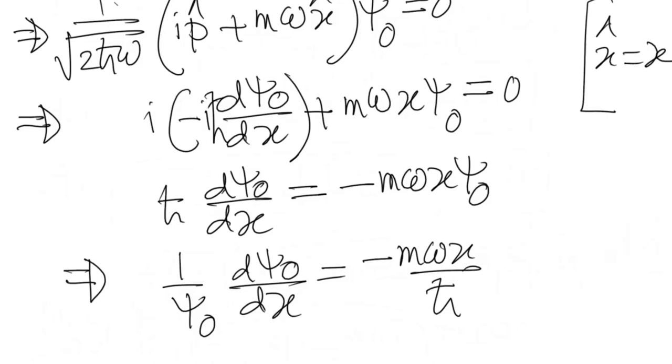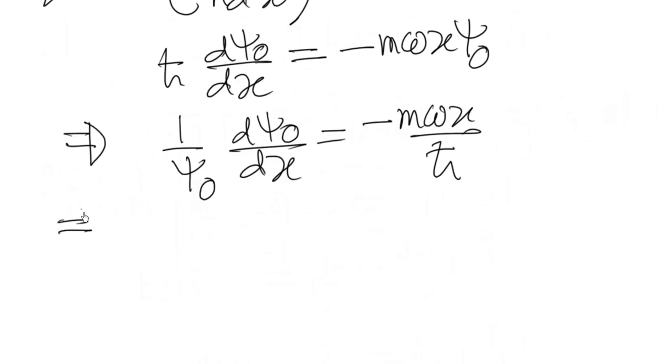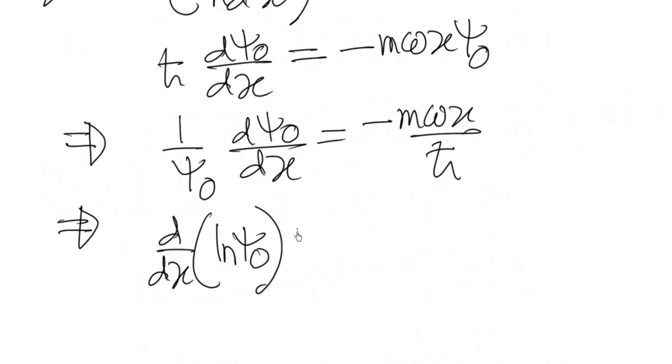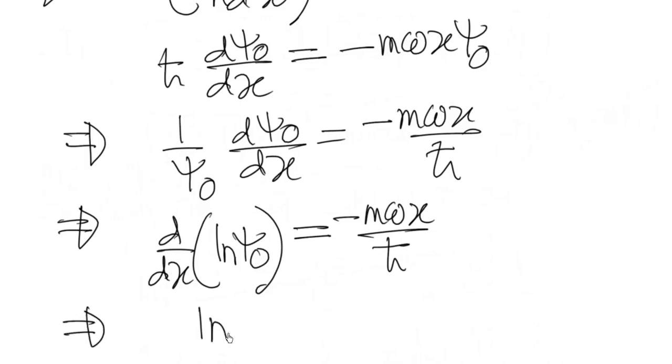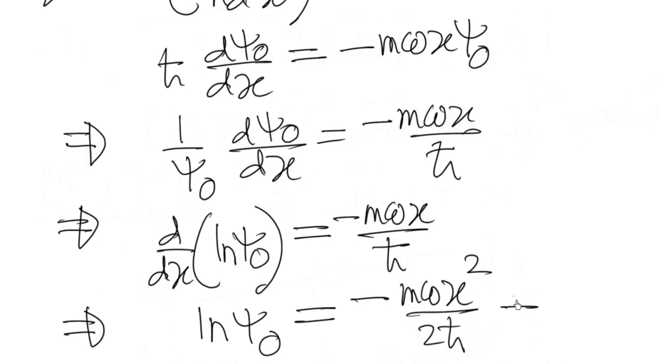Now if you rewrite this and then integrate it over x, we can write d by dx of logarithm of psi naught, where base is e, equals minus m omega x by h cut. Integrating it, we will have ln psi naught equal to minus m omega x square by 2 h cut, and there will be a constant of integration, which we write like this, logarithm of a base e.